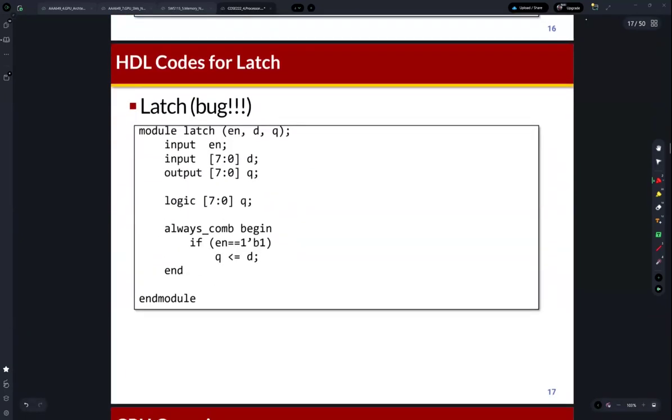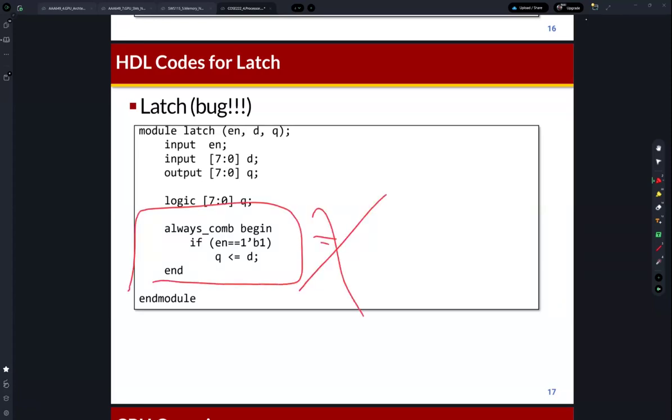Okay, and then if you generate a latch, like this, it is a bug. Okay. So what's the problem? This is also the combinational output. Based on the condition, we can define the output of the combinational logic. But the problem is that if we use always underbar comb, it means that we will design a combinational logic.